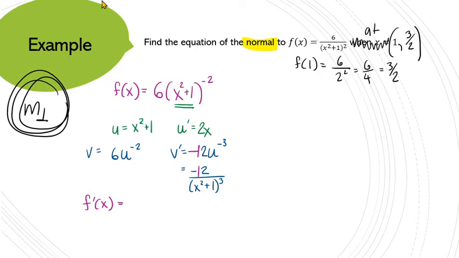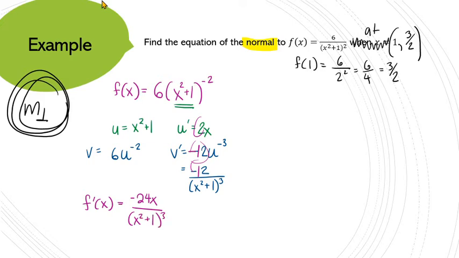There we go. And we are going to combine those two, u prime and v prime, and we're going to get negative 12 times 2 is 24. So here and here, x, negative over x squared plus 1 cubed.